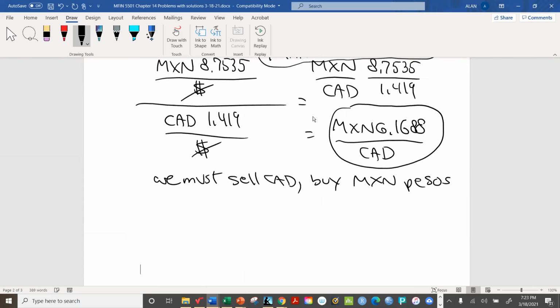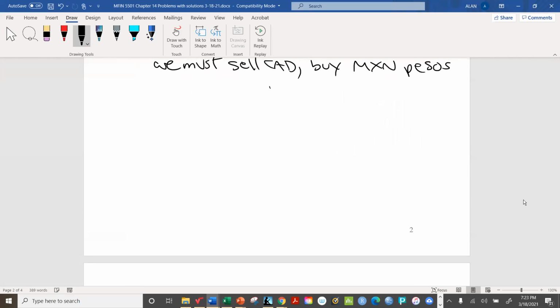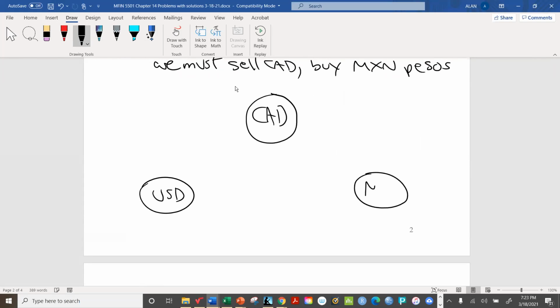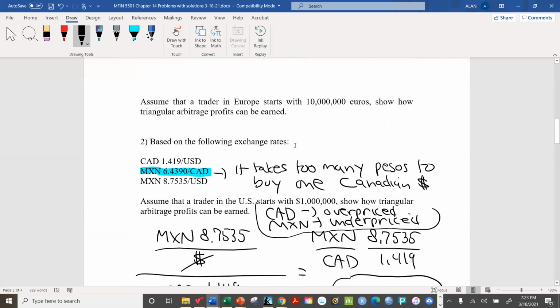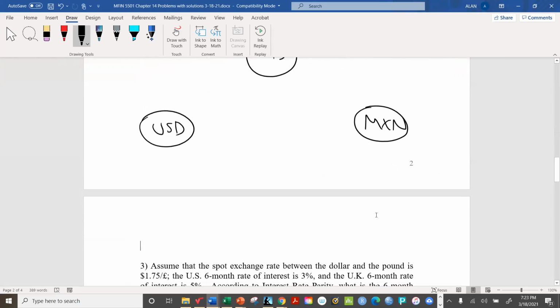So why don't we do this? Let's put Canadian dollars on top. All right. And then let's say US dollars could be here. Mexican pesos can be here. And then we're assuming that this is an American trader who starts with $1 million, and we're going to find out how to make profits.